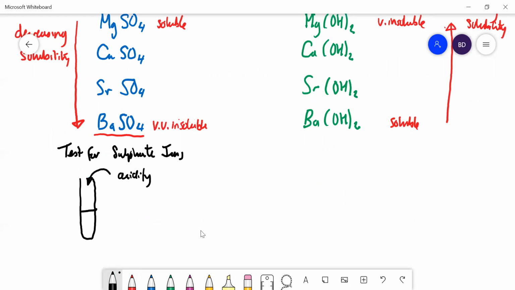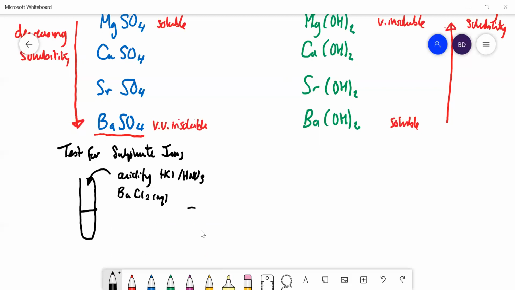You acidify, obviously not with sulfuric acid, but usually hydrochloric or nitric acid. Then you add a soluble barium compound. The one you normally use is barium chloride. Barium nitrate is also soluble.